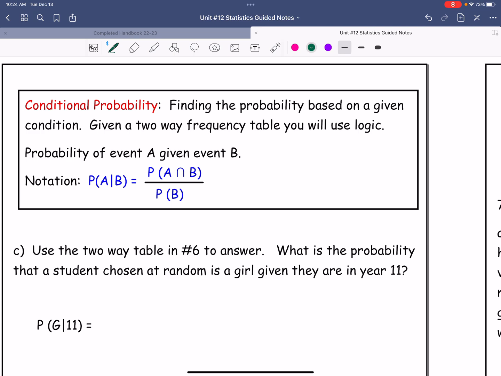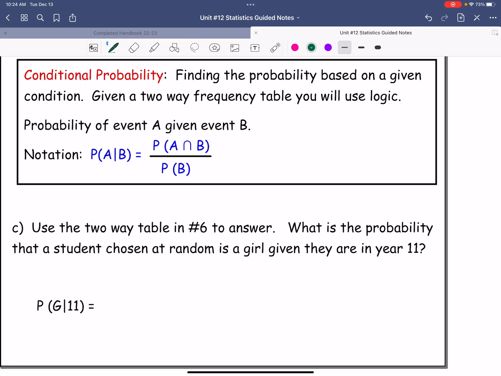Use the two-way table in the previous problem to answer: girl, given year 11. And that would be girl and year 11, which is 147, over the probability of given year 11, which is 272. Actually, let me write this out for you.